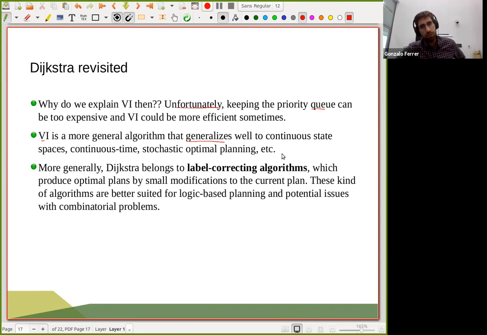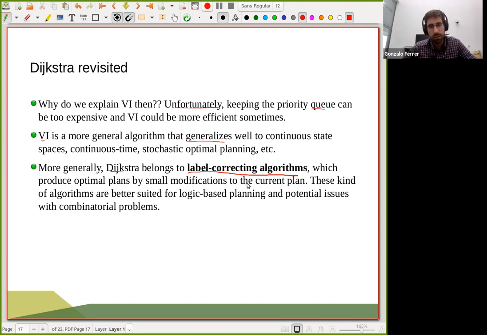This is a little note that I'm not going to explore much, but Dijkstra also belongs to this family of algorithms called label correcting algorithms. What is this? You have a plan, in this case, whatever Dijkstra has searched so far. Then what we do is modifications of this current plan, like evaluating the next element on your queue.